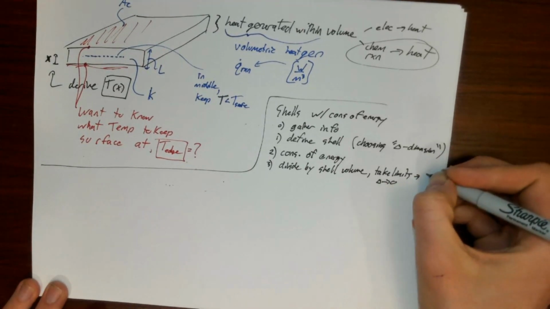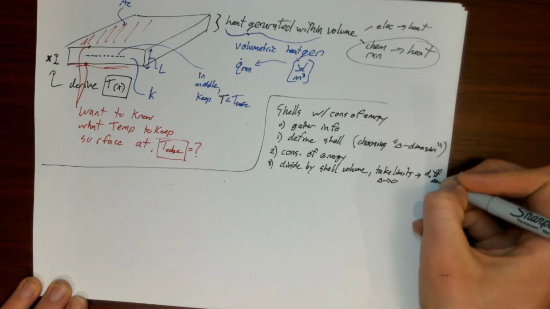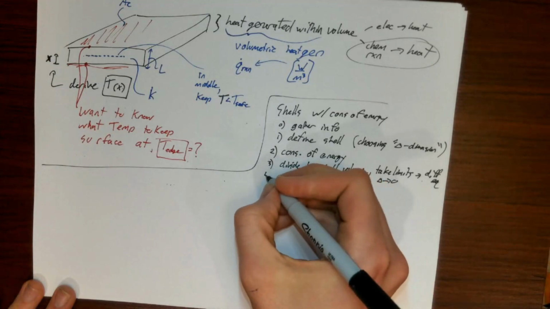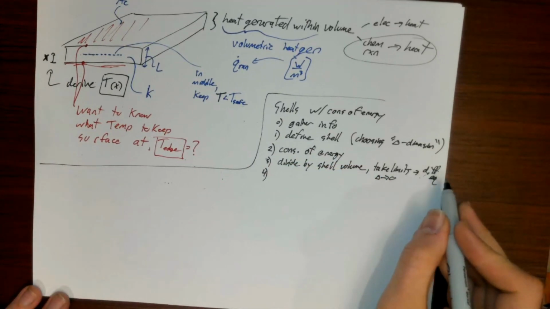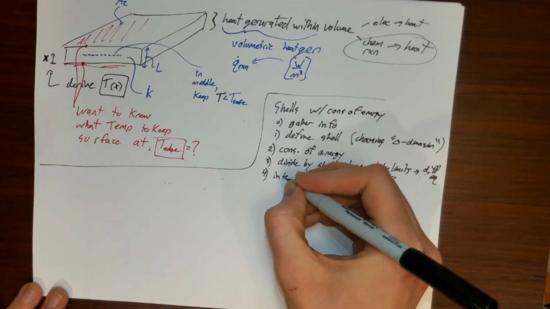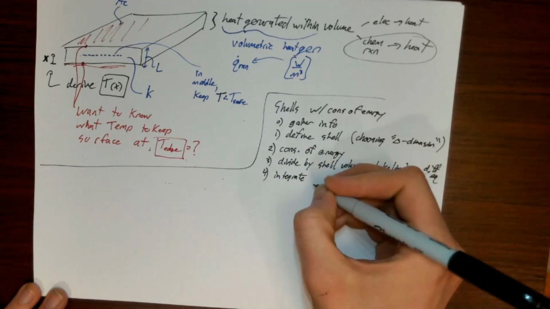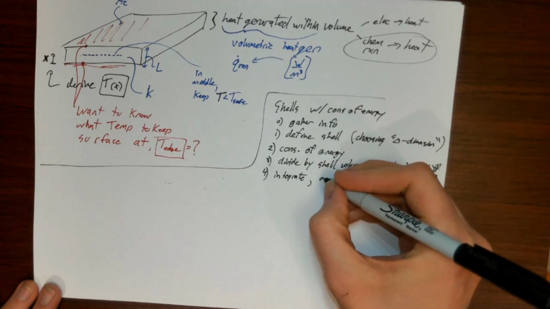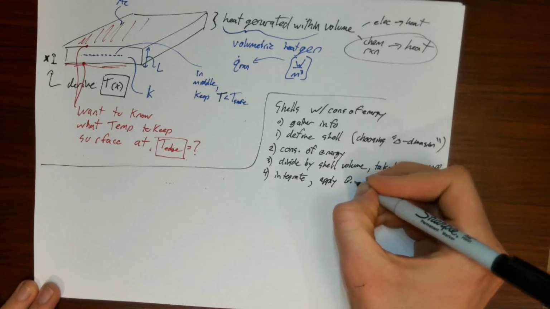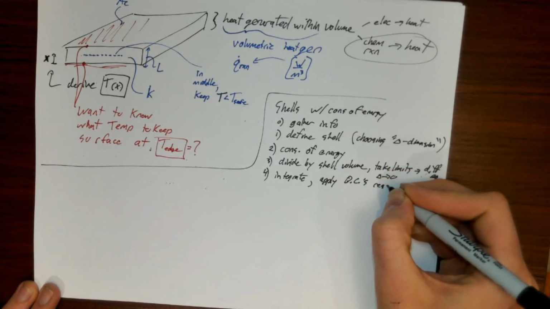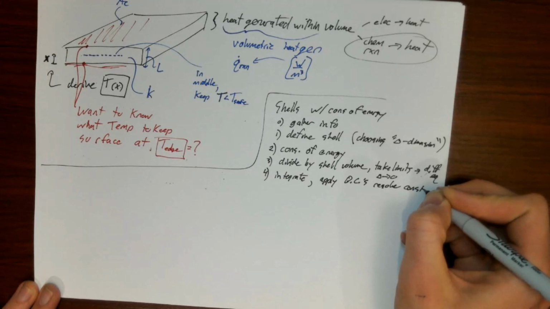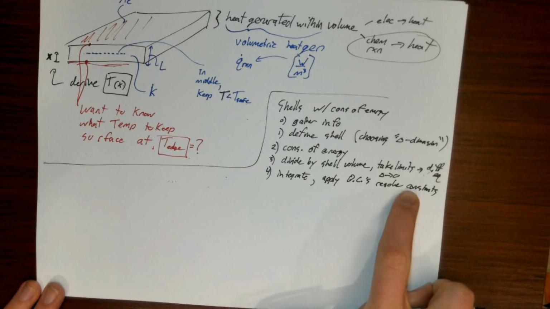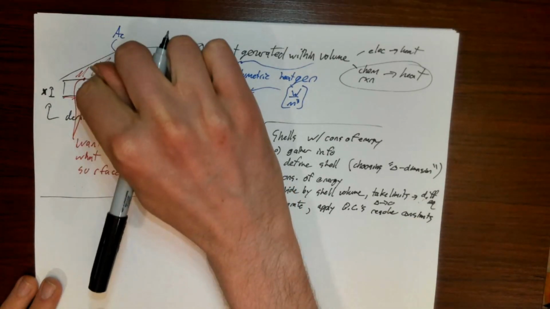After we do that, we'll end up with a differential equation, and hopefully we'll be able to solve this differential equation. We'll integrate to solve our differential equation, and when we integrate, we'll get constants of integration. So we can apply boundary conditions to resolve our unknown constants, and hopefully when we apply our boundary conditions, we can apply them perhaps in terms of edge temperatures.